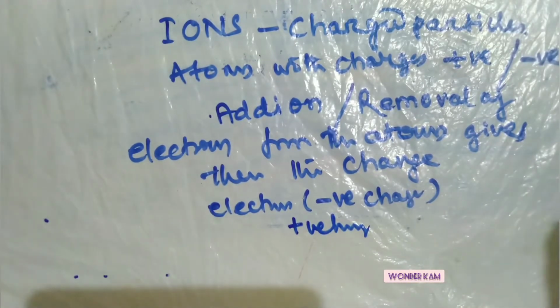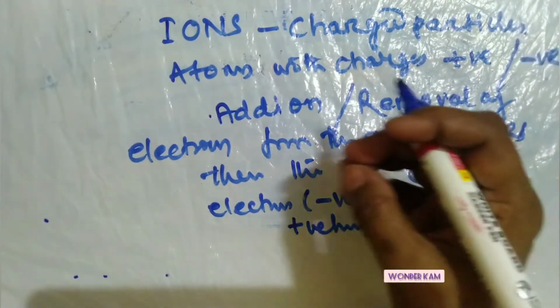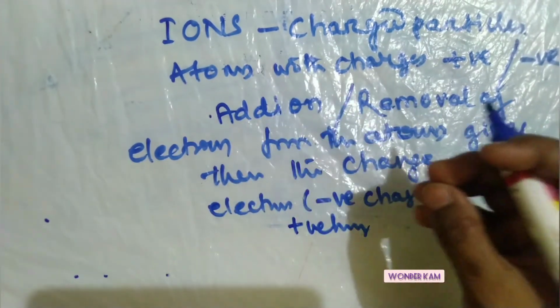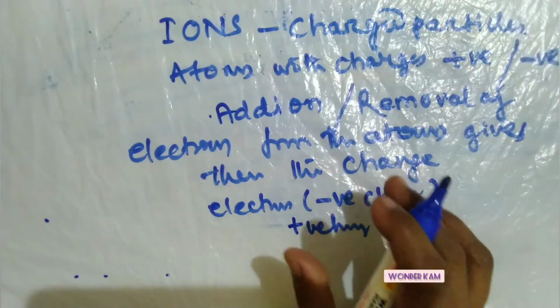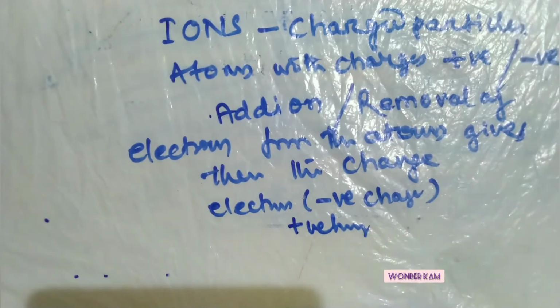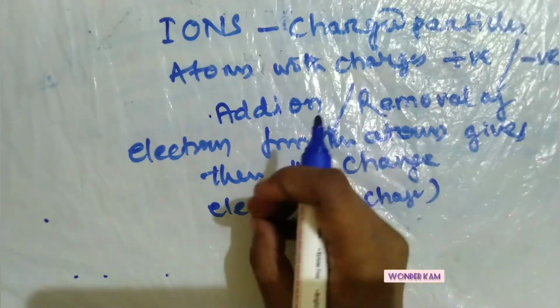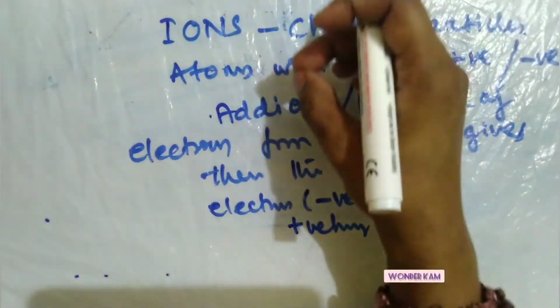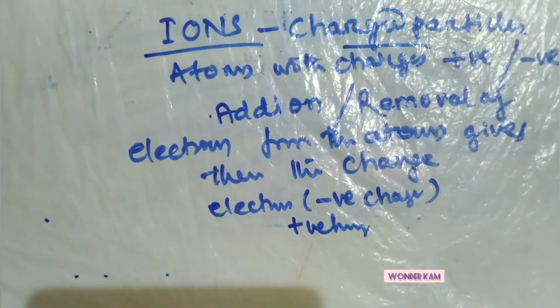Similarly, if we add one electron, the atom gets one extra negative charge. I can explain that elaborately in the next video. You just watch for that. In that way, removal or addition of electrons makes atoms ions, or charged particles.